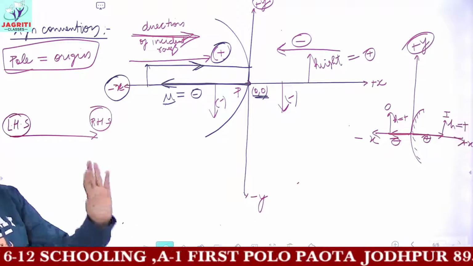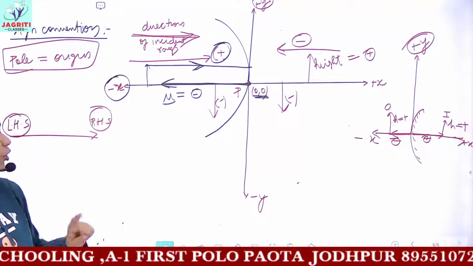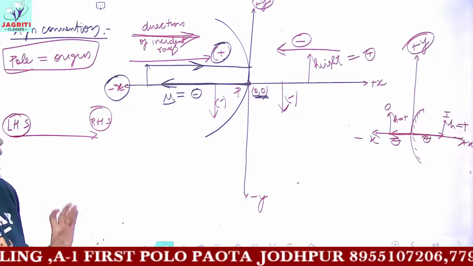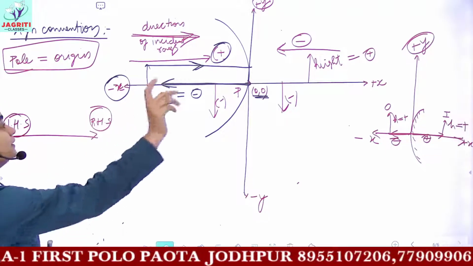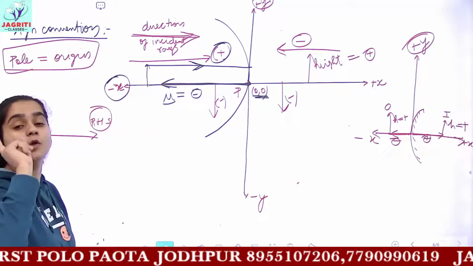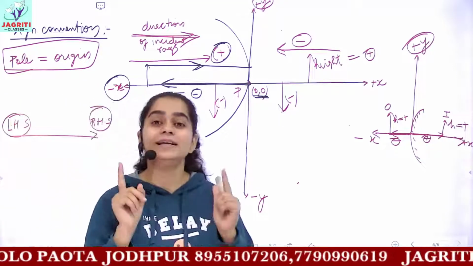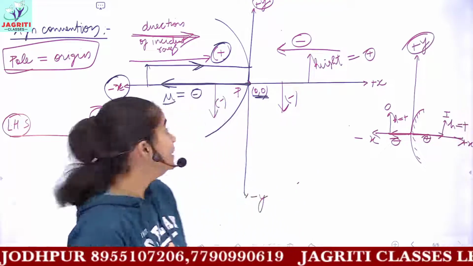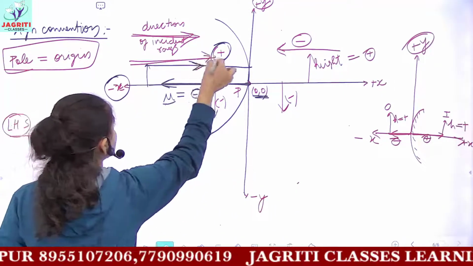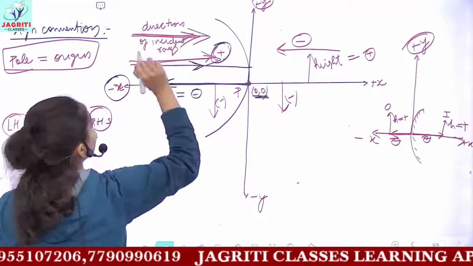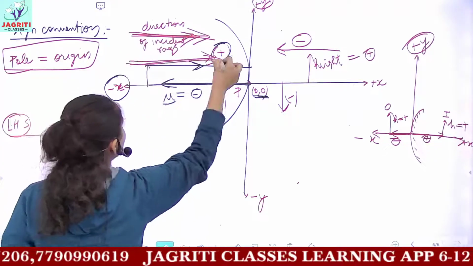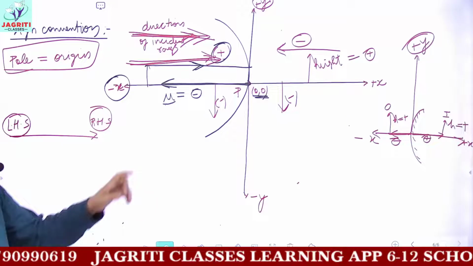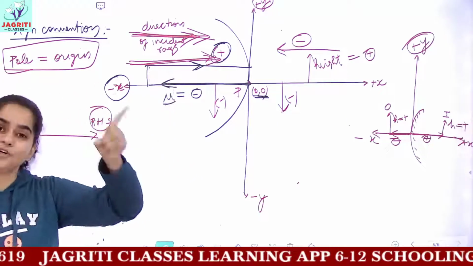Now you are given theoretical rules in your books. Four to five rules are there, you can read them. The first rule is that all distances measured in the same direction as the incident light are taken positive. It means whatever you measure in the direction of incident light, if the measurement direction is the same, then you calculate the value to be positive.